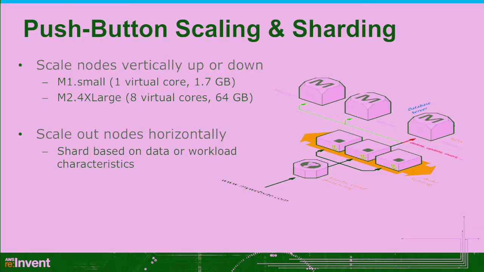Another way to scale is to scale horizontally. You accomplish that by dividing your database into smaller chunks, and these chunks are called shards. The way you divide your database into shards is by selecting a key, perhaps the customer ID, and then deciding that all data related to customer IDs starting with a 0 would go to the 0 shard.